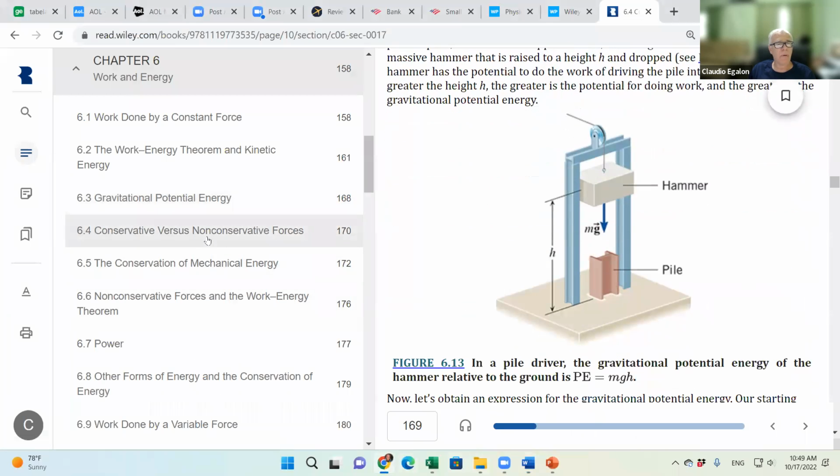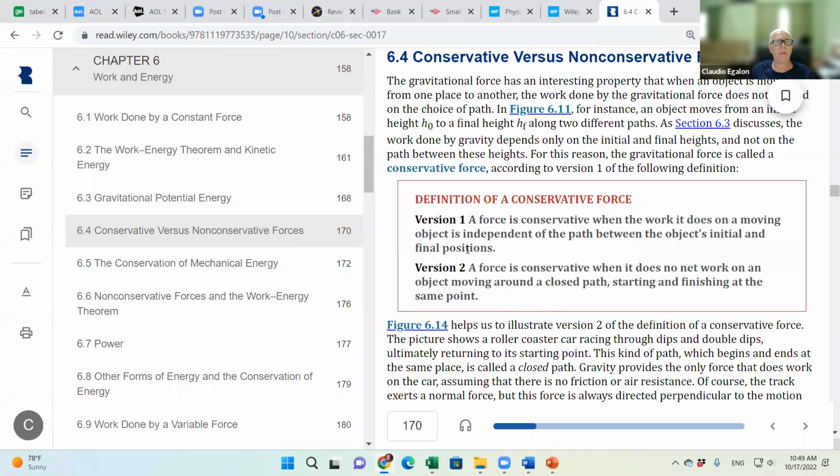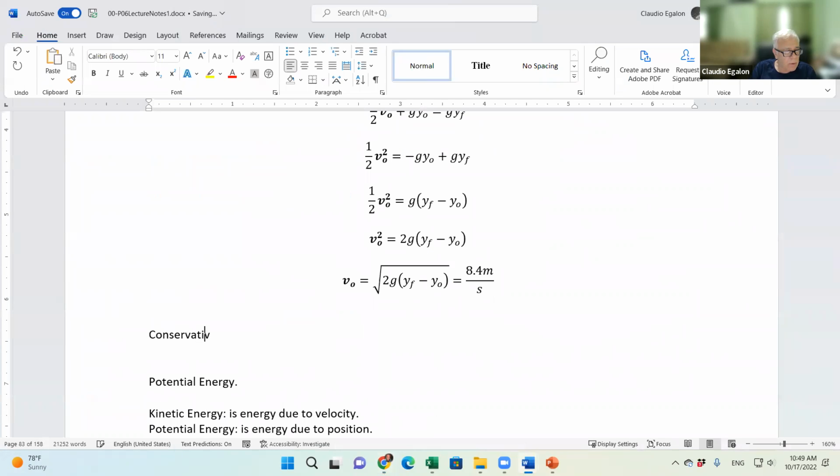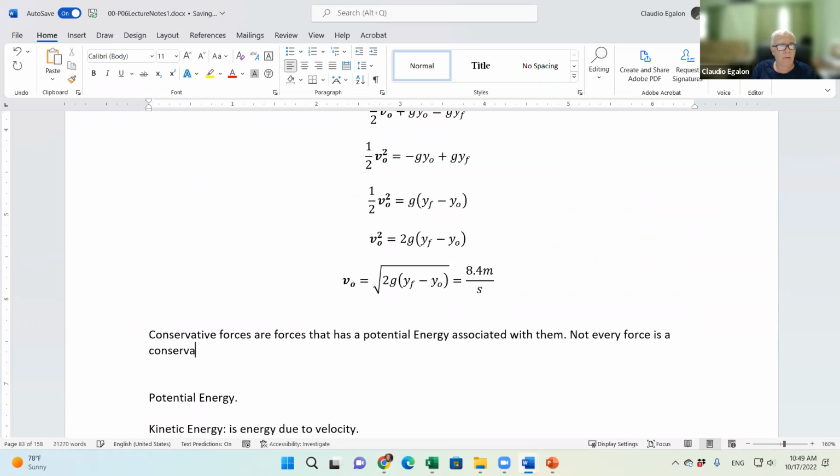Conservative forces versus non-conservative forces. Okay, so what you have to know about conservative forces and non-conservative forces. Conservative forces are forces that have a potential energy associated with them. Not every force is a conservative force, okay?